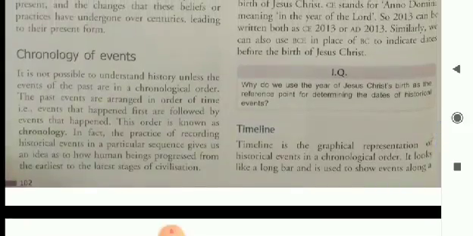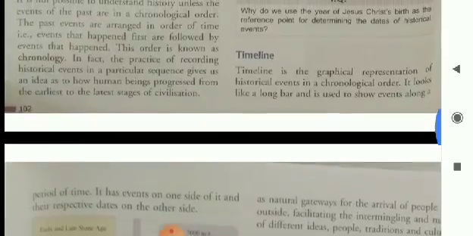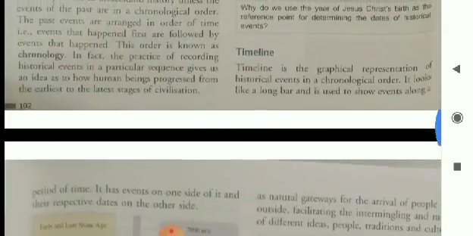Now, the next is chronology of events. It is not possible to understand history unless the events of the past are in chronological order. The past events are arranged in order of time, that is, events that happened first are followed by events that happened later.